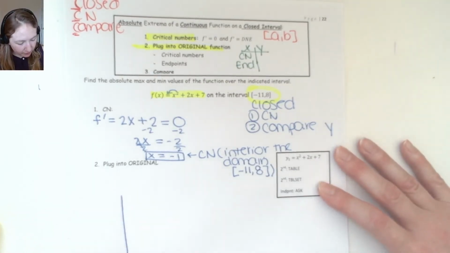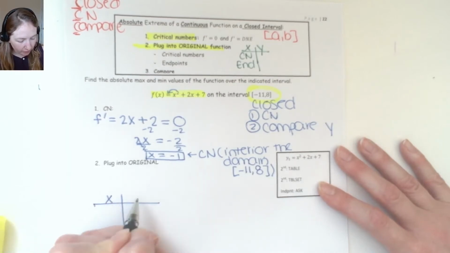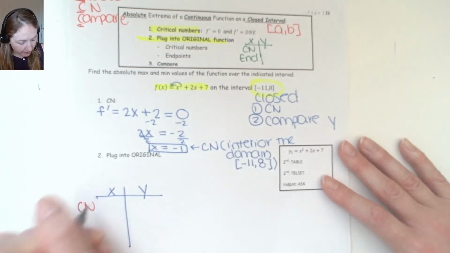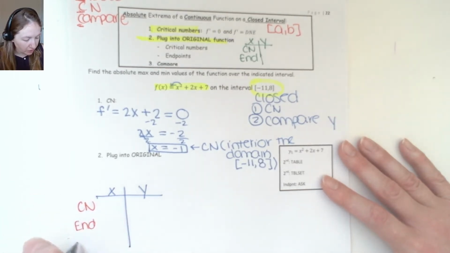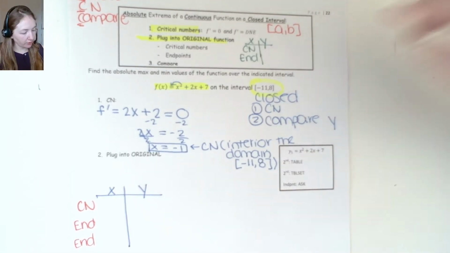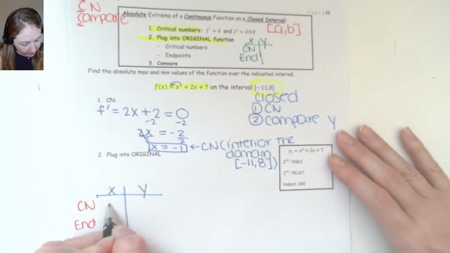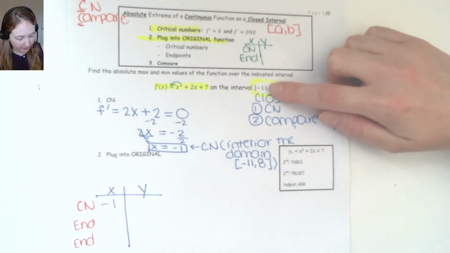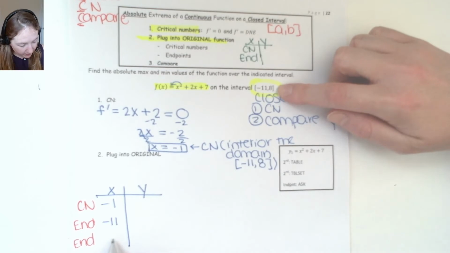So then what I do is I create my little t-chart where I have x and y, and I'm going to plug in my critical number of -1 and then my 2 endpoints of the graph. So the critical number again is the -1. The ends of the graph are going to come from this -11 and the 8.